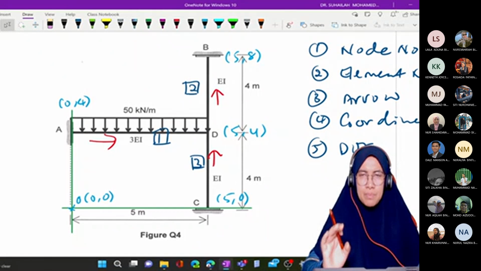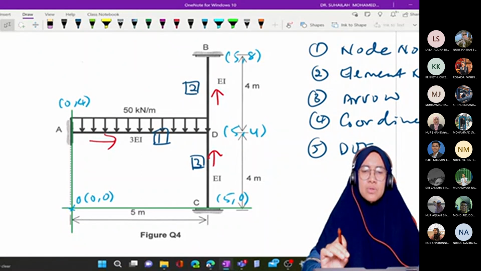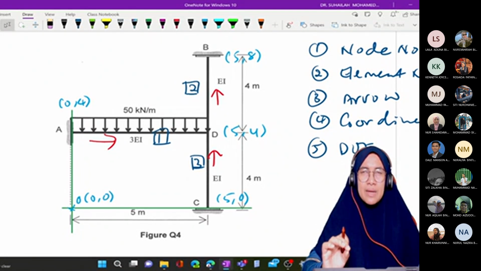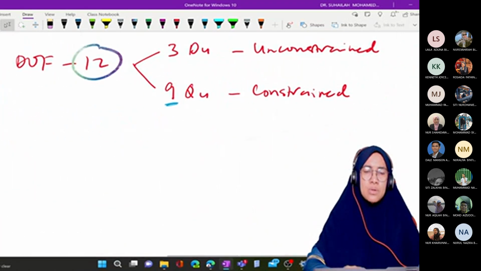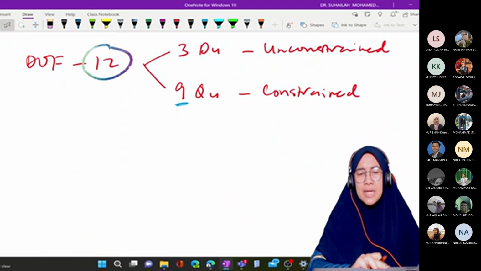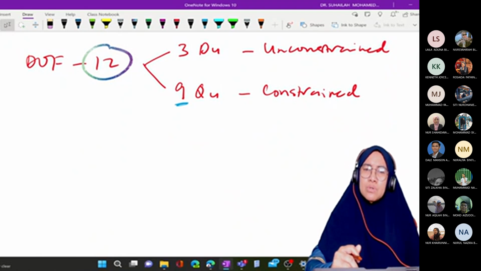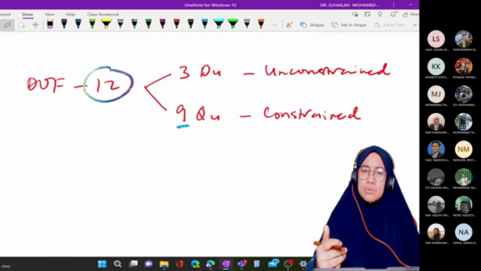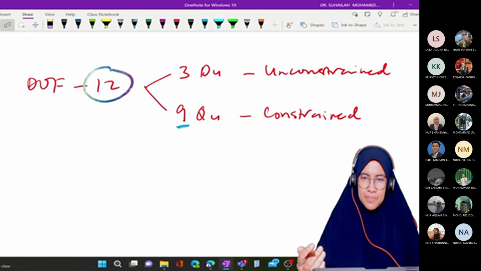There are 3 fixed supports, so 3 times 3 gives us 9 unknown reactions. So in the 12 degrees of freedom, 9 belong to unknown reactions and the remaining 3 belong to unknown displacements.